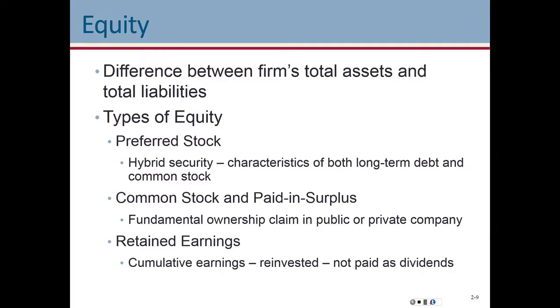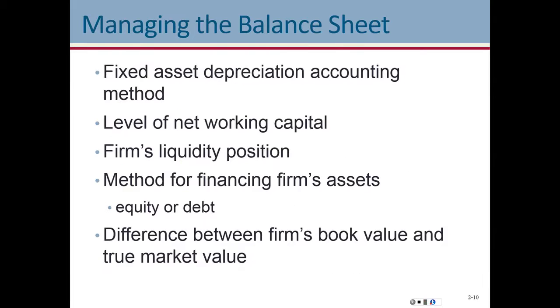On the other hand, common stockholders are the ones that actually own the firm. Common stockholders are residual claimants. That is, once everyone else gets paid, they get paid last. And then retained earnings is the savings of the corporation. We all need to have savings. It's always good to have savings.